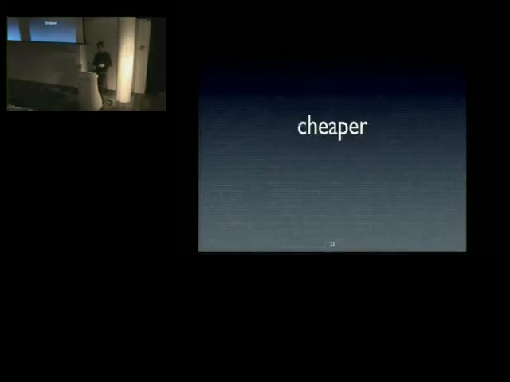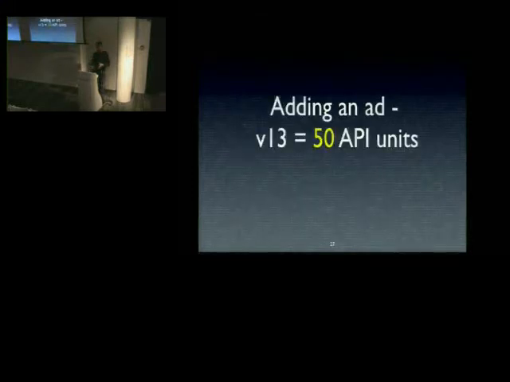In addition, the asynchronous service is cheaper. So as an example, adding an ad, so creating an ad in version 13 of the API is 50 API units. When we announced V2009 way back when, we said it was going to be cheaper.